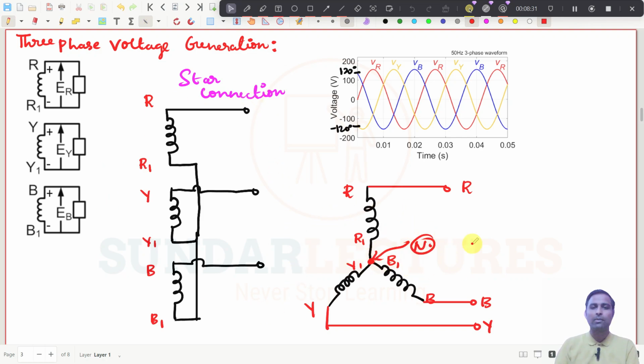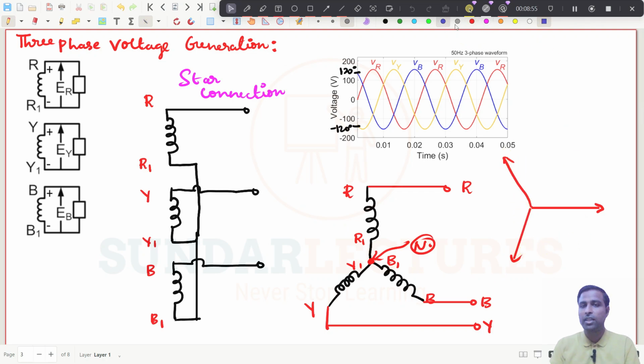So this is nothing but a star connection, and R will be the reference phasor, and Y will be lagging by 120 degree, and B will be leading by 120 degree, which means you see this is the R phasor, and this is the B phasor, and this will be Y phasor.